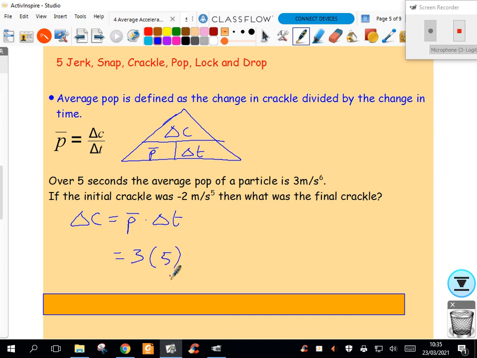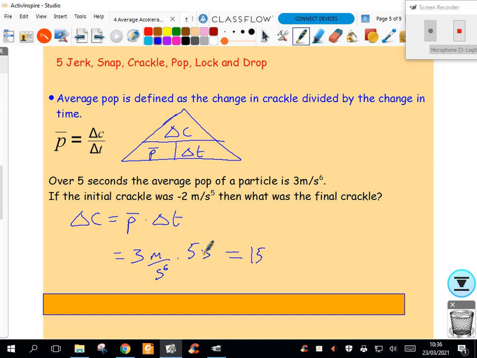And if I think about the units here, let me actually put the units in this case. So it's 3 meters per second to the power of 6. Meters per second, apologies. Meters per second to the power of 6. And that's multiplied by the change in time, which is 5 seconds. So 3 by 5, giving me 15.